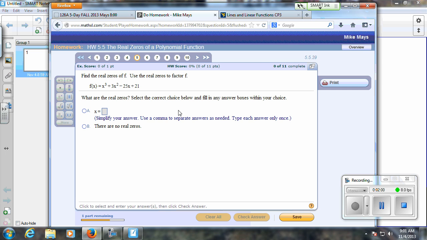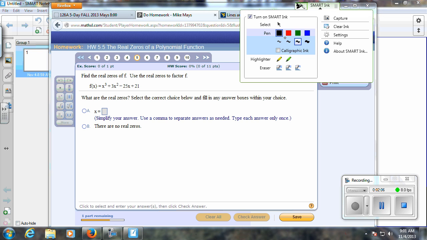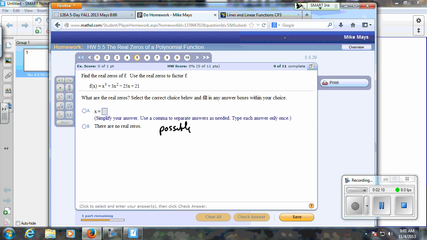What I'll notice first of all is the possible rational roots are, now the way I write it in general is maybe I'll write a fraction, so a top and a bottom, say p over q, where p divides evenly into the constant term of the polynomial, that is 21, and q divides evenly into the leading coefficient, the coefficient of x cubed, that's 1.